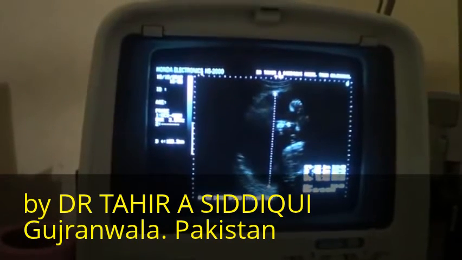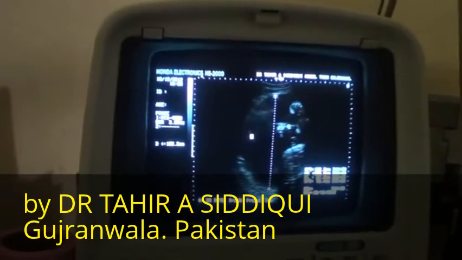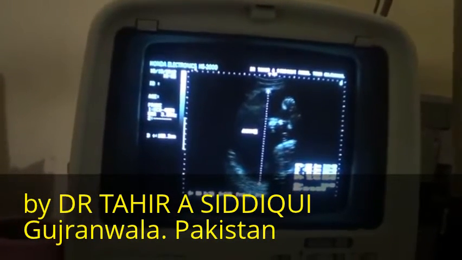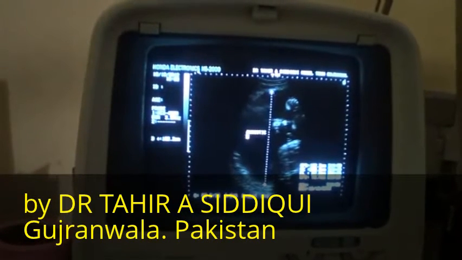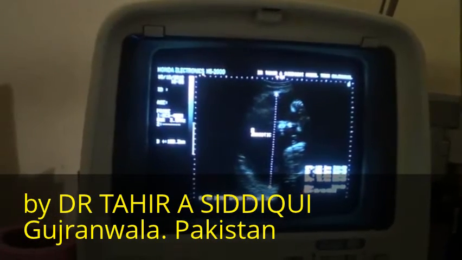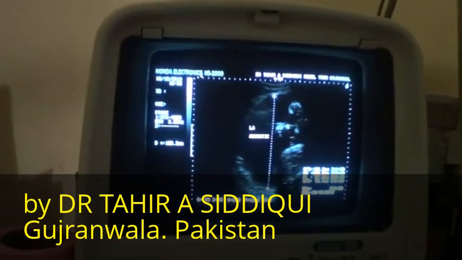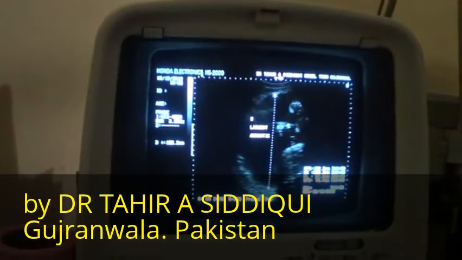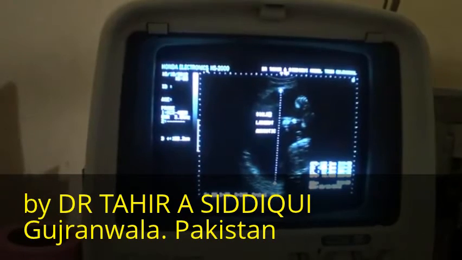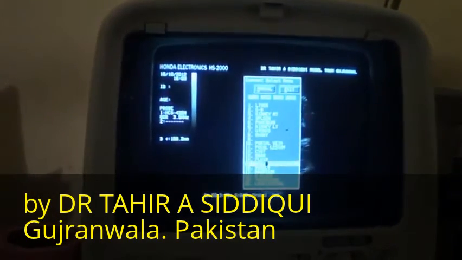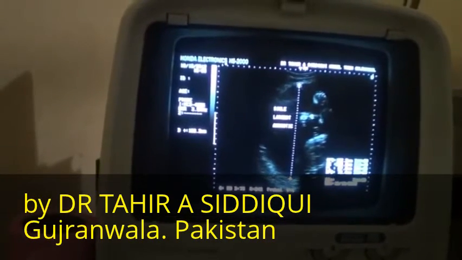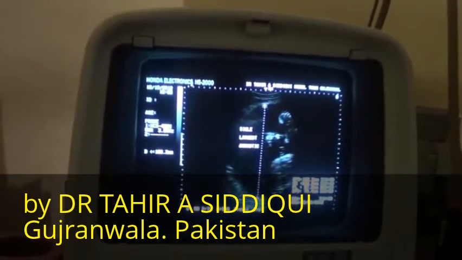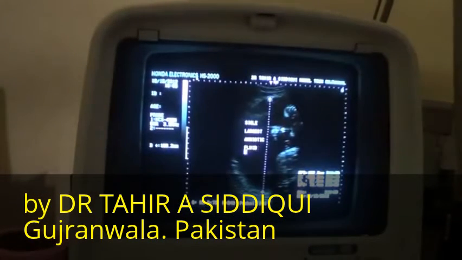Now you see it measures 18.8. This is the amniotic fluid pocket, the largest single amniotic fluid pocket.